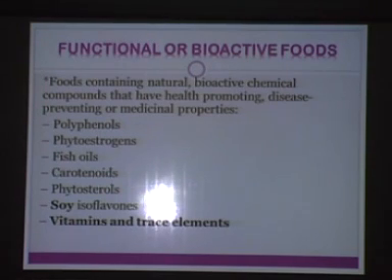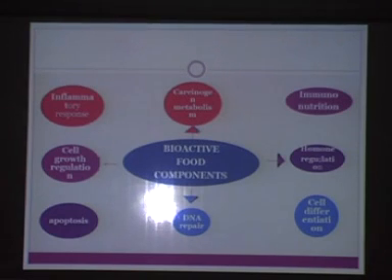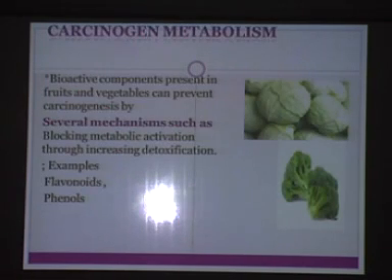What are bioactive foods or functional foods? Foods containing natural bioactive chemical compounds that have health-promoting, disease-preventive, or medicinal properties, such as polyphenols, carotenoids, phytoestrogens, soya, vitamins, and trace elements. So bioactive food can affect carcinogen metabolism, immune nutrition, cell differentiation, DNA repair, apoptosis, and cell growth.